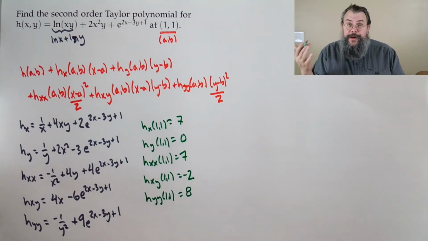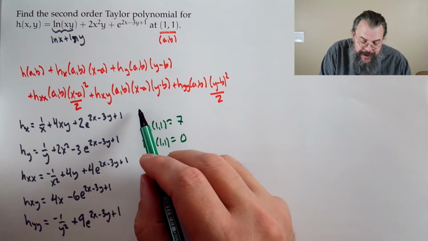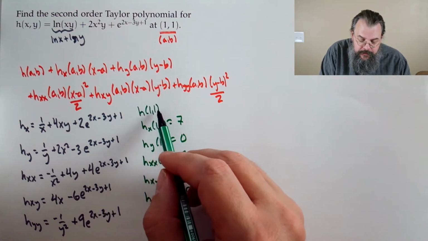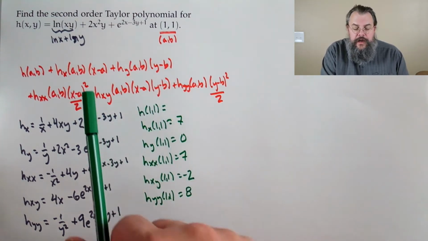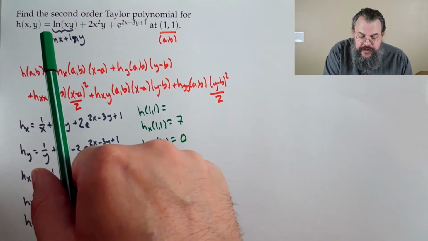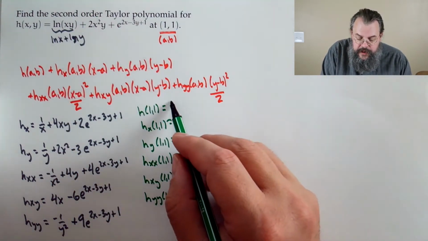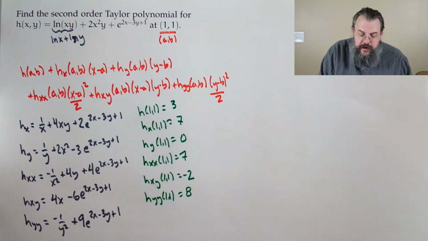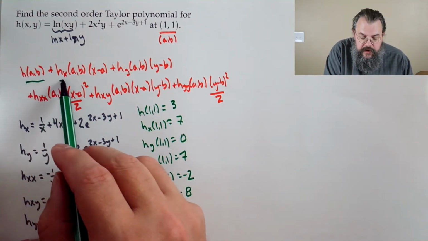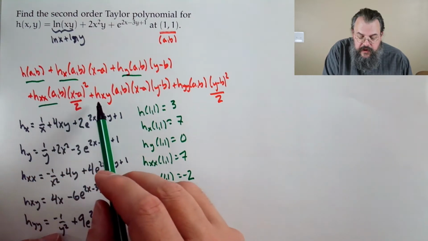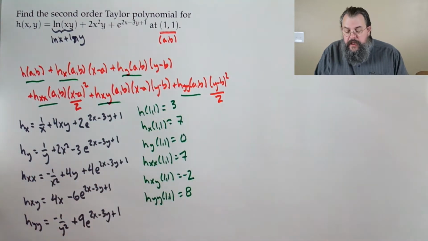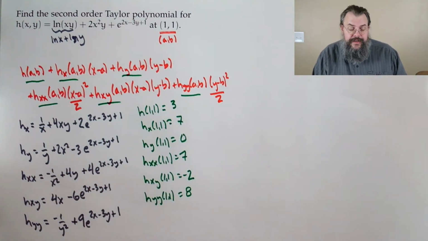We need to know what happens for h at (1, 1). Okay, what is h of (1, 1)? Well, log of 1 is 0, so you get 0 plus 2 plus 1, which makes it 3. So now we have these coefficients. So the last thing is actually to write down our answer.